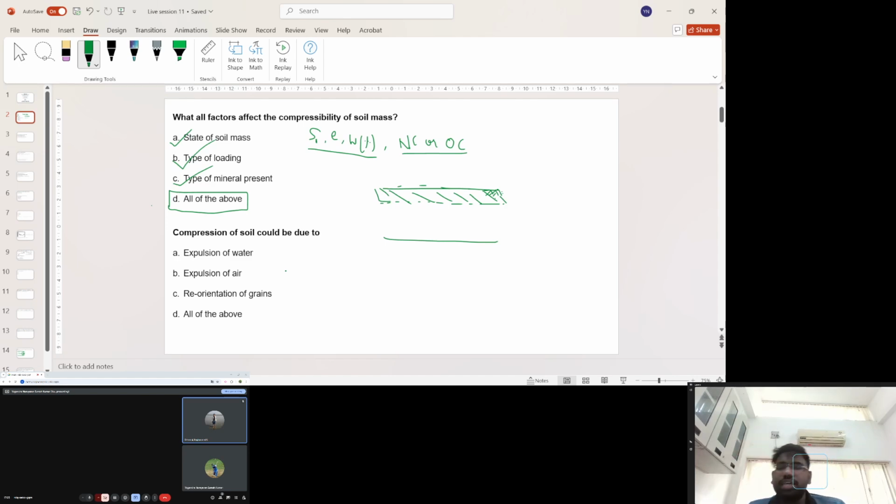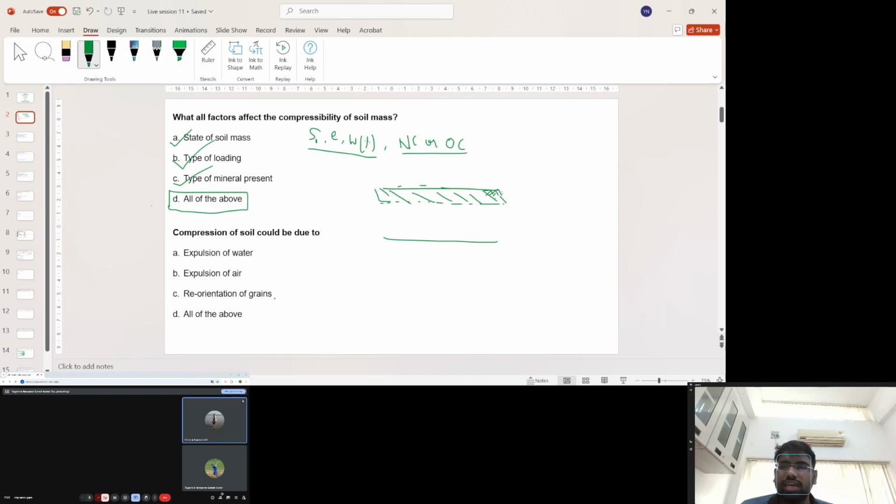So even though the density increases in case of compaction, which indirectly is due to expulsion of air. So in one aspect, it is a compressibility behavior, and option A, expulsion of water, is obviously time dependent, which is consolidation phenomena.